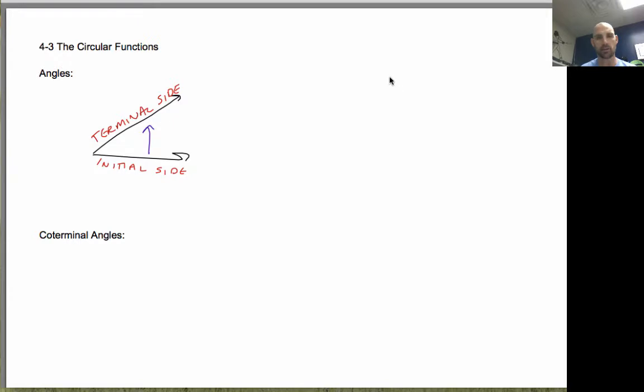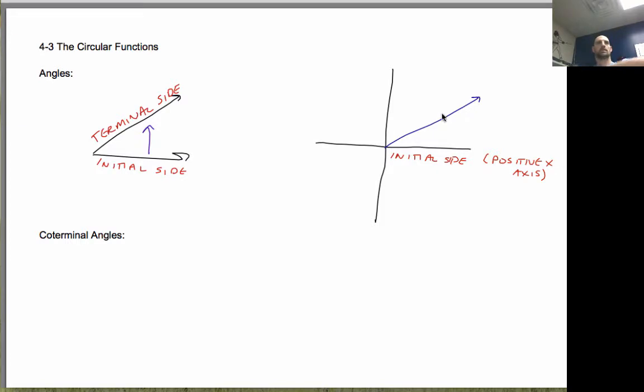When we talk about trigonometry, though, we're going to start to put these things in the coordinate plane. In trigonometry, the initial side is always going to be on the positive x-axis, and our angles are going to open up either counterclockwise.